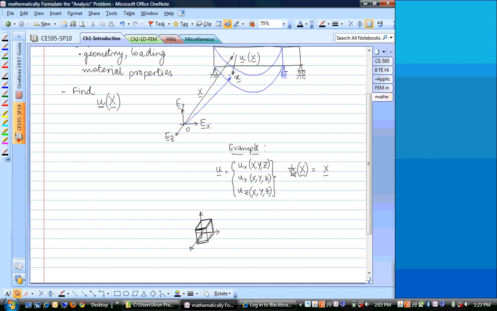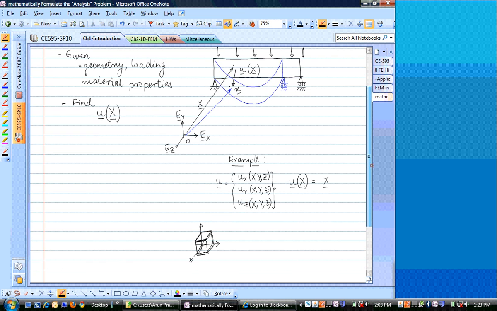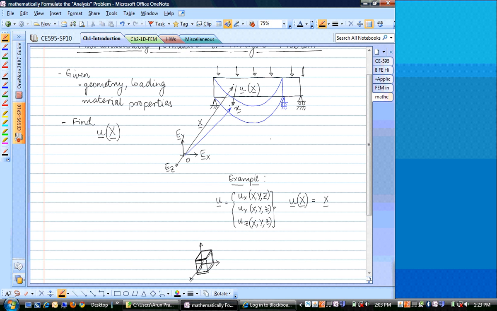Each point X should go to X plus X, right? Because the displacement is equal to X. The new location, small x, can be represented with the old location X plus the displacement.